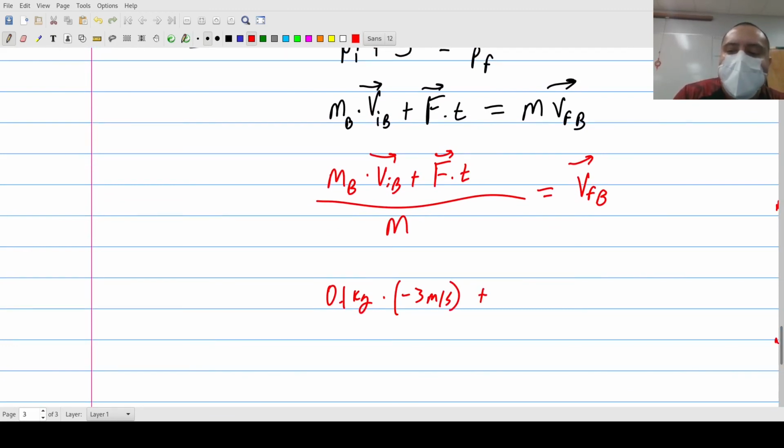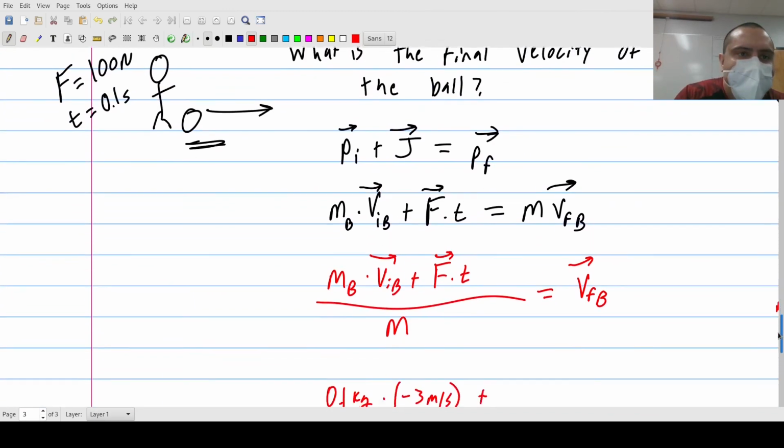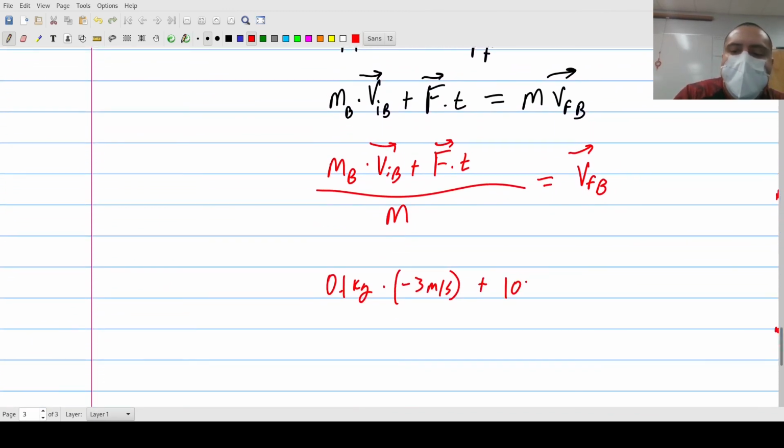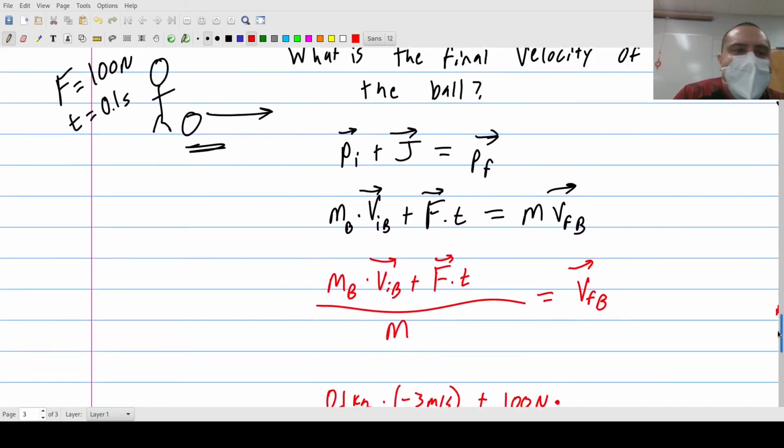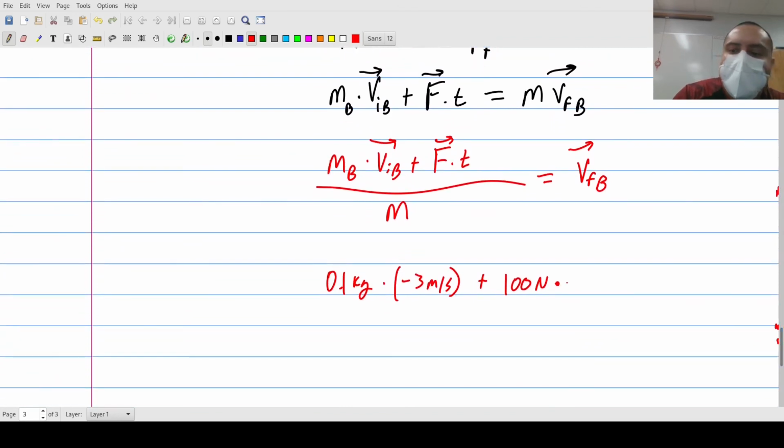It was 100 newtons times a time of, he was in contact with the ball for 1/10 of a second, so 0.1 seconds, all divided by 0.1 kilograms should be equal to V final for the ball.